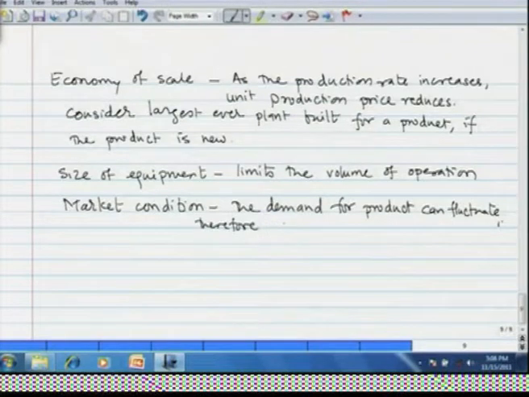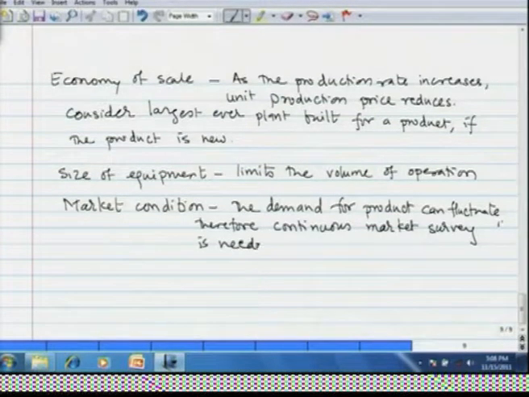The demand for a product can fluctuate, therefore, continuous market survey is needed to decide the optimum production rate. If the demand for a particular product falls, then the company may have to operate the plant below the capacity.